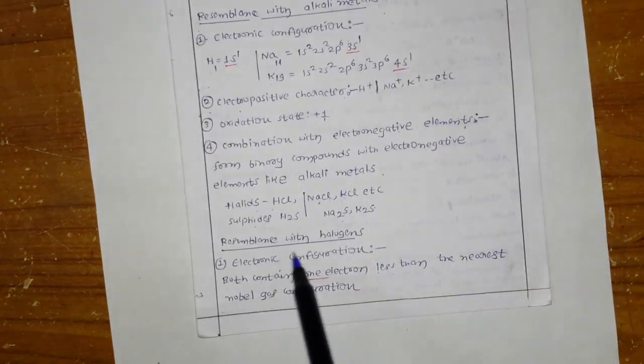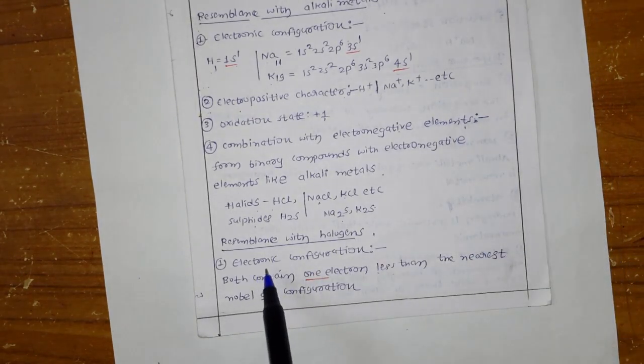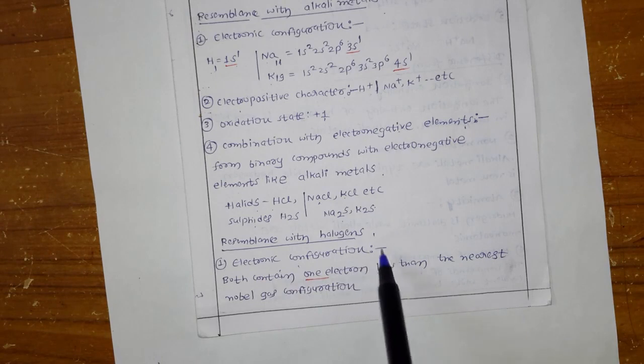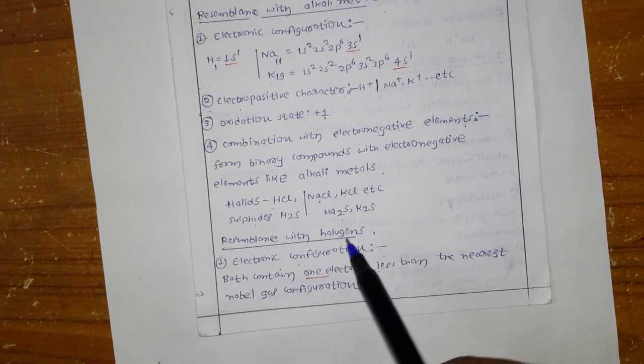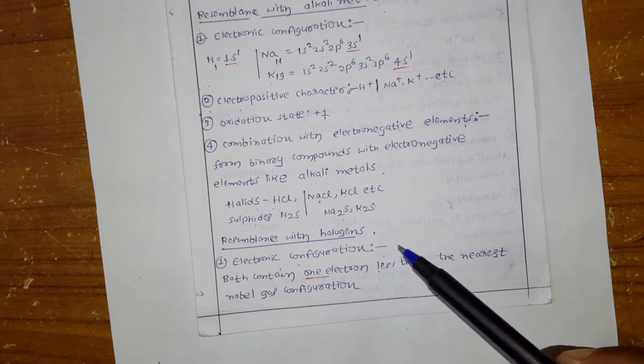Now we can see the resemblance with the halogens, the similarities with the halogens. Here also there is a similarity in the electronic configuration. So what is that similarity? Both contain one electron less than the nearest noble gas configuration.